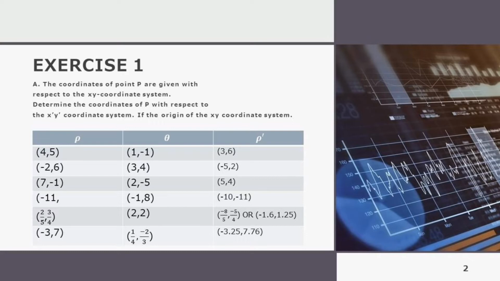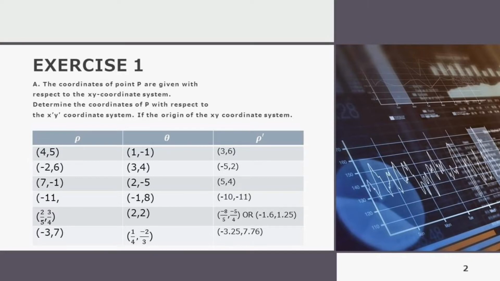Let's go for example number 1. P is (4, 5), and theta is (1, -1), and the answer for P prime is (3, 6). Paano ba nakuha yung 3 and 6?